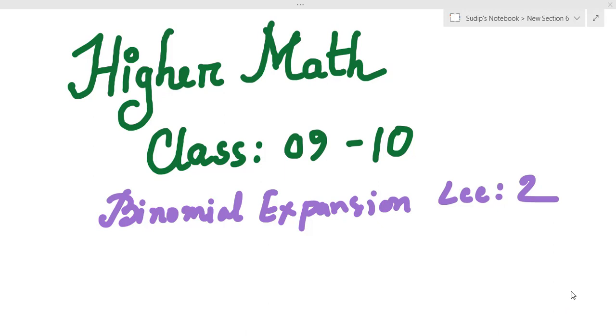In our math class today, we are going to learn about binomial expansions. We have already discussed Pascal's triangle and how to use it to expand a binomial term.